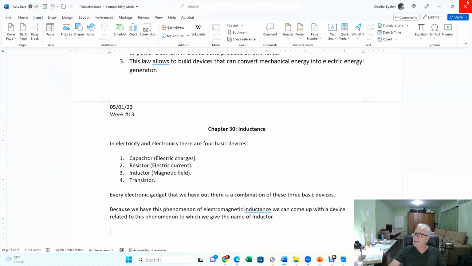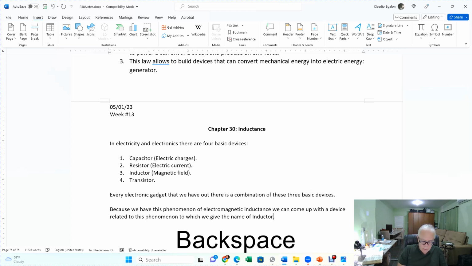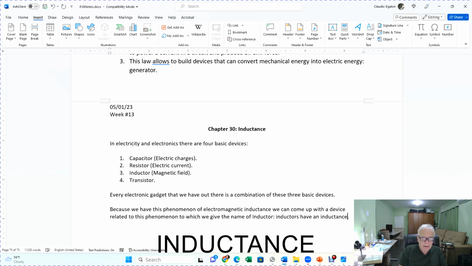Let's see how. And by the way, not only do we have the device called the inductor, but inductors have an inductance, right?